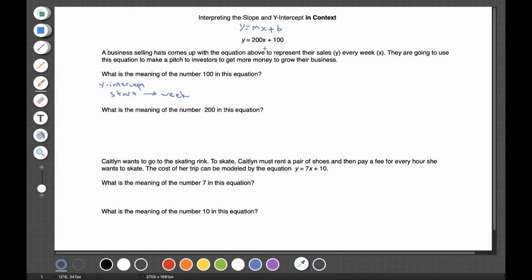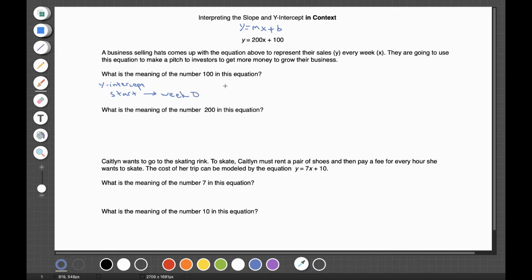So then I think, well, okay, what is this y-intercept actually representing? Well, it's how much sales or how much money they have at week 0. So that 100 is at week 0 because that's where our start is, okay?